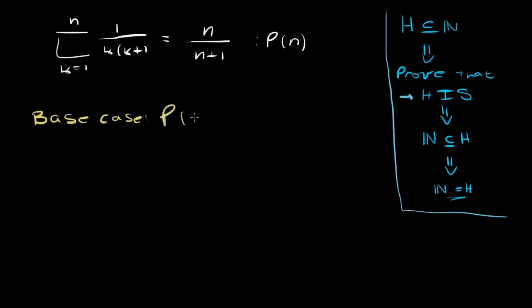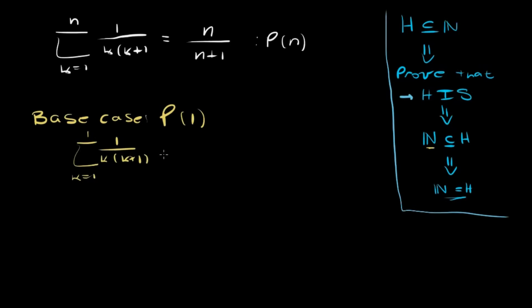that it meant, well, prove p of 1, p of the first element in your set. In this case I want to put it for the natural numbers. We'll see an example later where this set will not be exactly the natural numbers. So prove it for 1. Okay, p of 1 is the sum from k equals 1 to 1 of 1 divided by k times k plus 1.